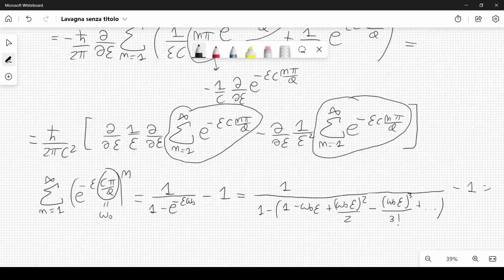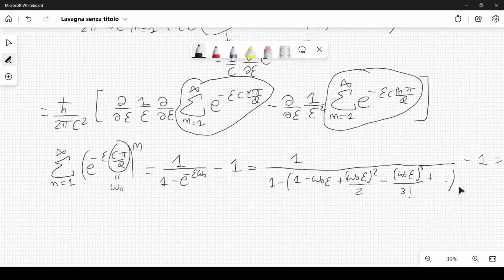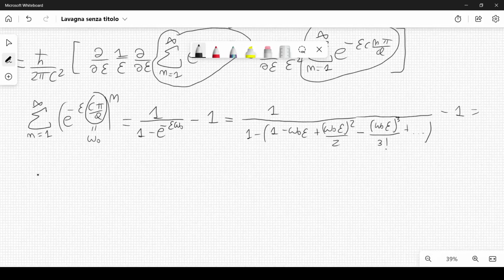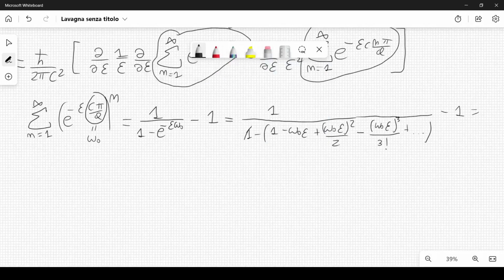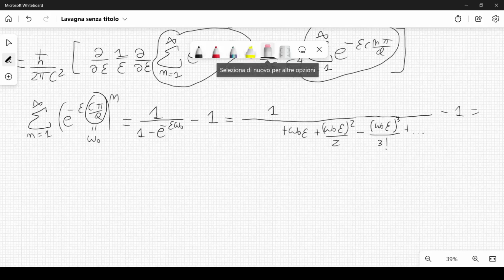But now we can rewrite this. So let me rewrite it. Basically you can simplify this 1 with this minus 1. So let me do it here for the sake of convenience. So here we can simplify this 1, but we also have to change the sign here, and also here and so on. So here all the signs would change in this expression, but you can write it like this.